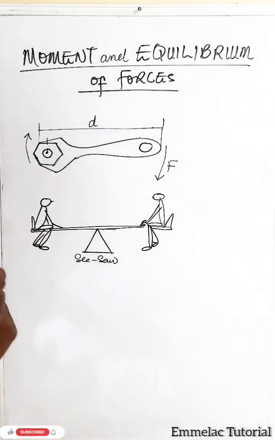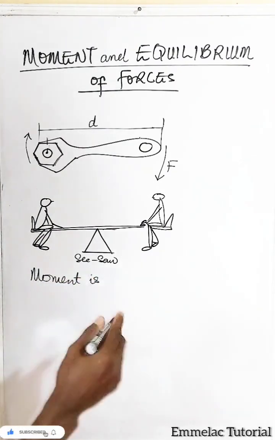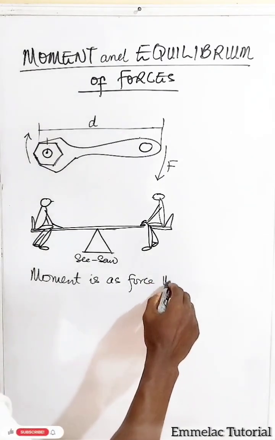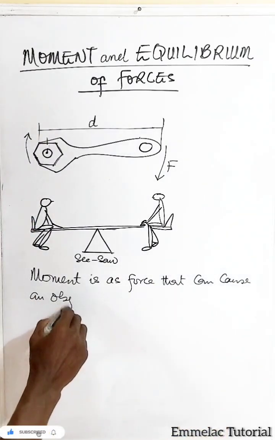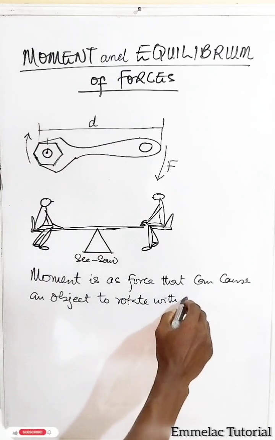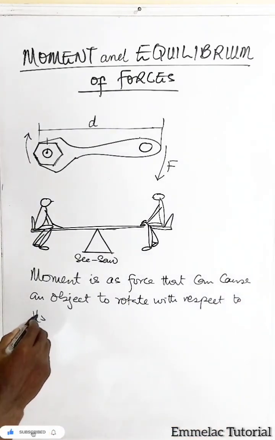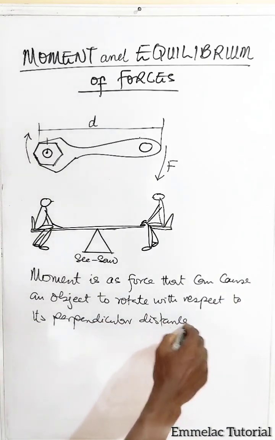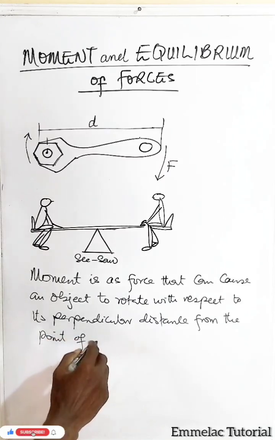So we can now say that moment is defined as a force that can cause an object to rotate with respect to its perpendicular distance from the point of rotation.